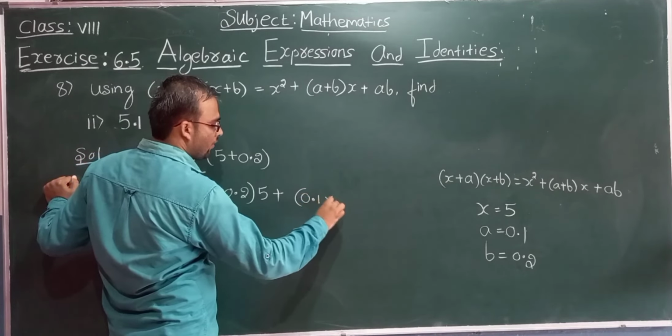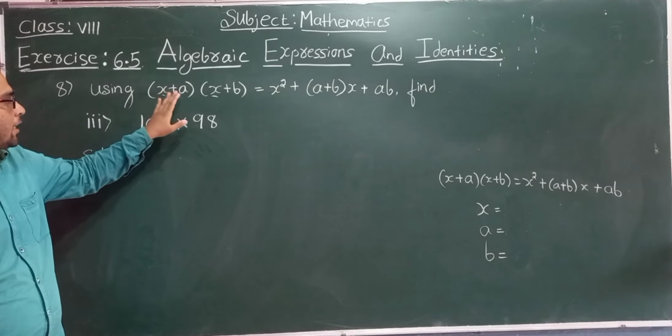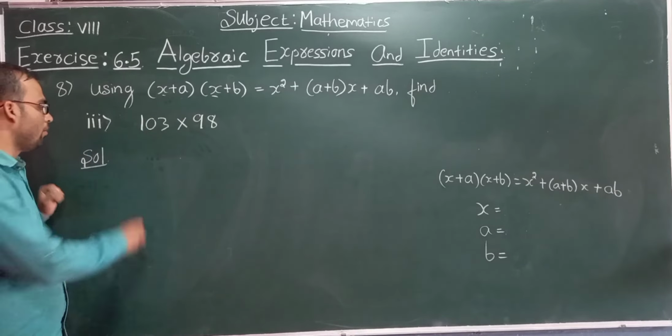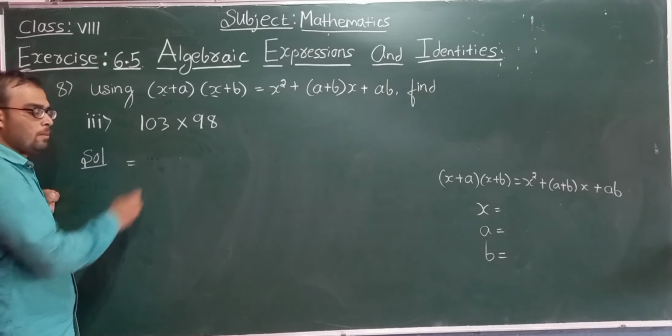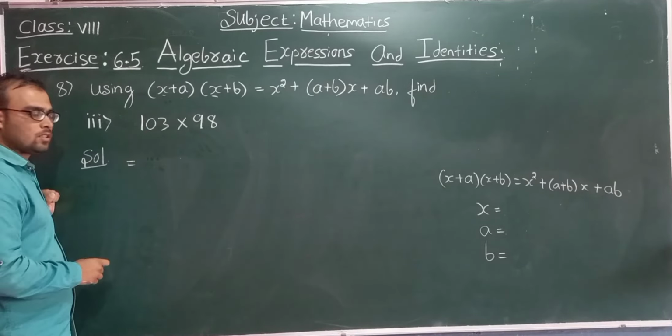Students, now let's solve the third question. Here what they have given is 103 into 98. So here we have to convert this into x plus a into x plus b form. I am writing 103 as 100 plus 3. Next, 98 as 100 minus 2.